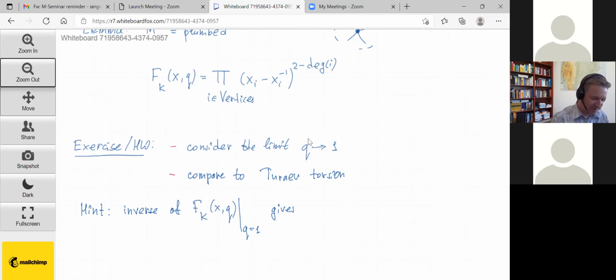Absolutely right. Yes, that's what I meant to say. Thank you so much. This is the inverse of, in fact, Z hat of b of q at q equals 1. So this gives derived torsion.